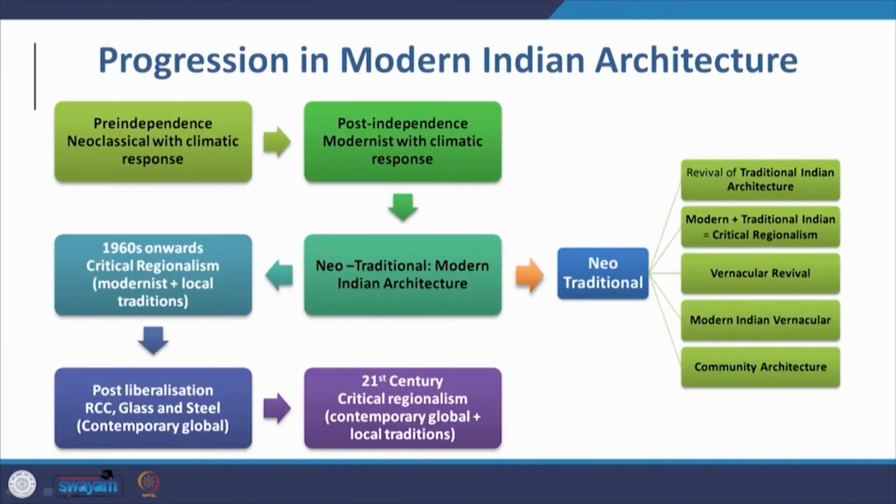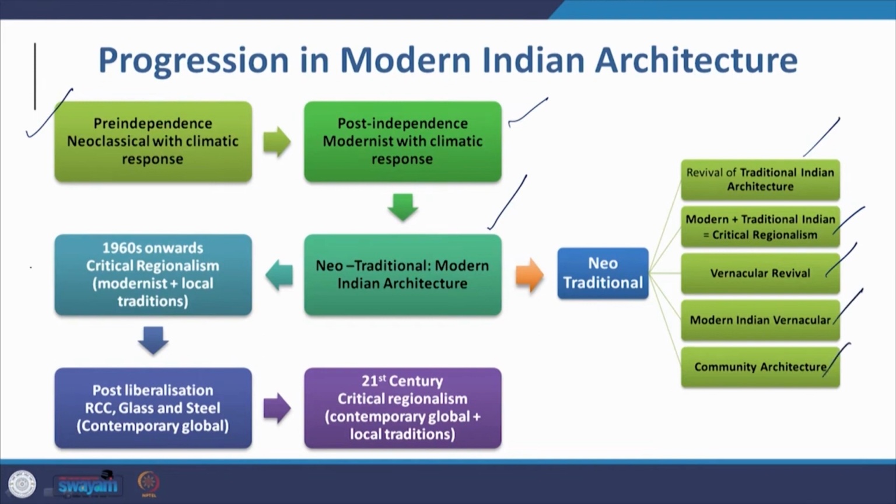So if we look at the overall picture through this flow diagram, we have the progression of modern Indian architecture. We have pre-independence neoclassical with the climatic response, Lutyens and Herbert Baker. We have the post-independence modernist response with modernist architecture with the climatic response, Louis I. Kahn, Corbusier, A.P. Kanvinde, Habib Rahman, etc. Then we have neo-traditional architecture, five strands: revival of traditional Indian architecture, critical regionalism, vernacular revival, modern Indian vernacular, community architecture.